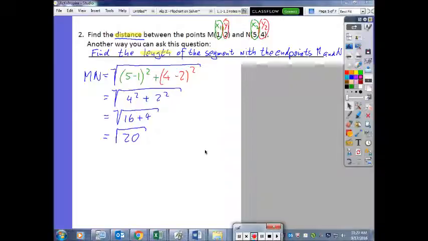And perfect squares are 1 times 1 is 1, 2 times 2 is 4, 3 times 3 is 9, 4 times 4 is 16, 5 times 5 is 25. We don't have to go any further than this because our number we're looking for is only 20. So 25 doesn't go into 20, neither does 16. 9 doesn't either. What about 4? 4 does go into 20, and 20 divided by 4 is 5.